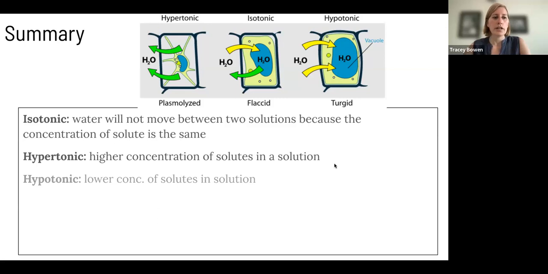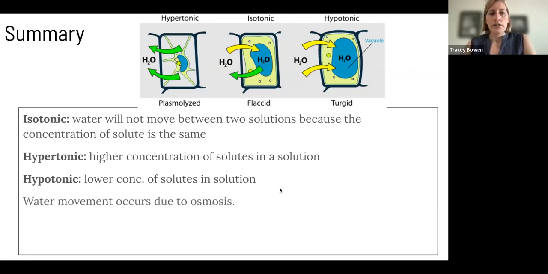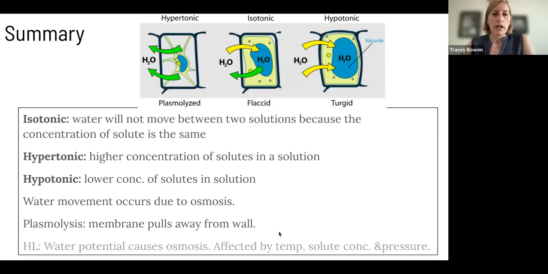And in hypotonic conditions where there's less solute in the solution, the water will move in. In the case of plant cells, those cells will become turgid. In the case of animal cells, they might rupture. And all of that water movement is due to osmosis. Plasmolysis is where the membrane is going to pull away from the cell wall, or where the cell just collapses in on itself, like we saw with the red blood cells.